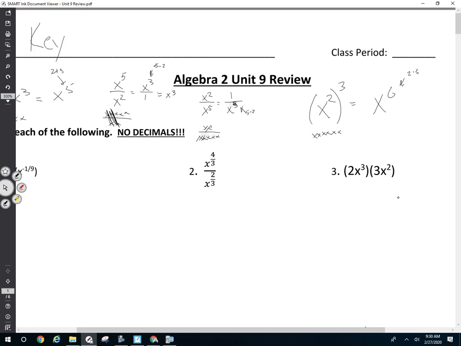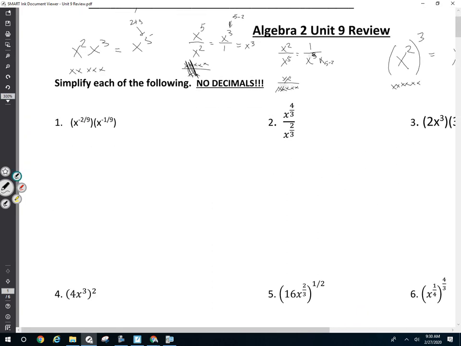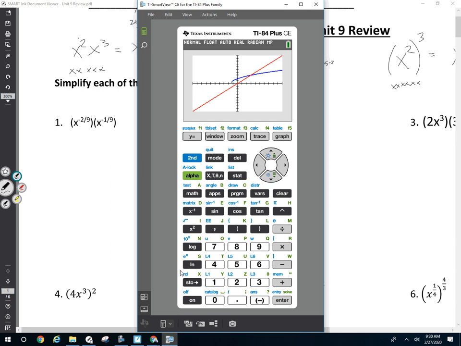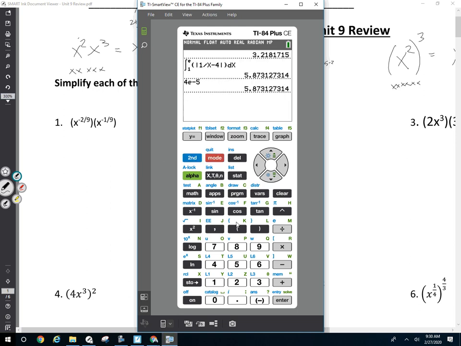Okay? So now that we have fractional exponents, we can use these as examples. So here, x to the negative 2/9 and x to the negative 1/9. If I'm multiplying, you can see I can just add the exponents together. Here, I added 2 and 3. Here, I'll add negative 2/9 to negative 1/9. Some of you are intimidated by fractions. It's okay. You can use your calculator. You can use the alpha F1 if you want to.